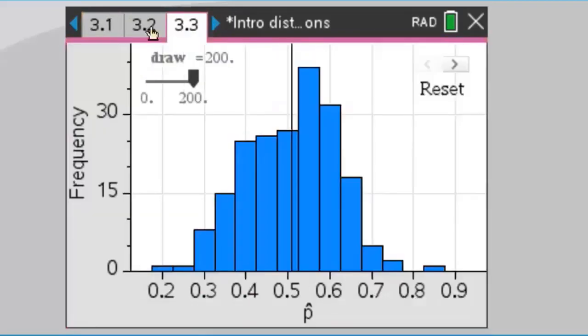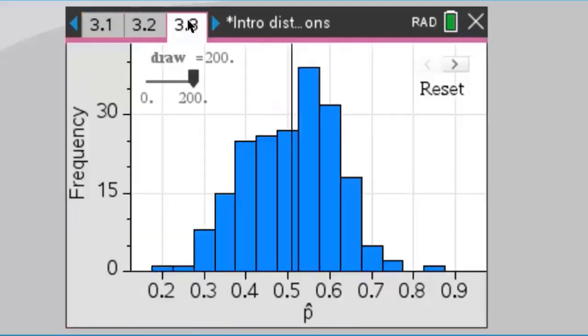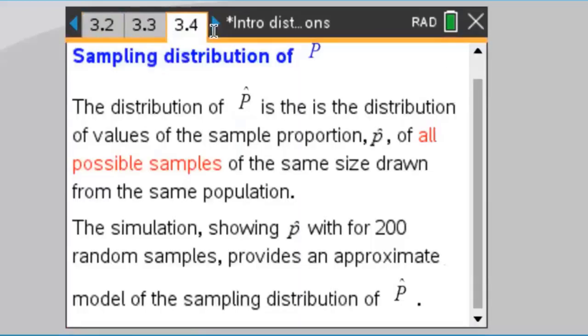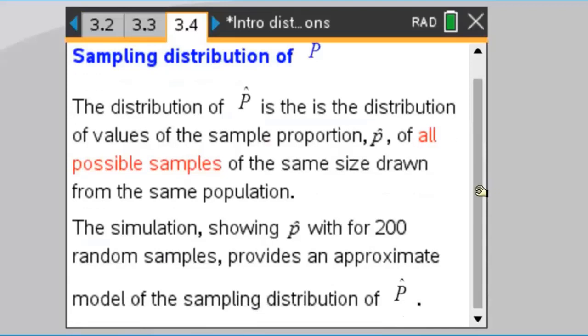So that's the results in a dot plot, and that's exactly the same data, except this time it's as a histogram. All right. So the distribution of p hat is the distribution of values of the sample proportion for all possible samples of the same size taken from the same population.